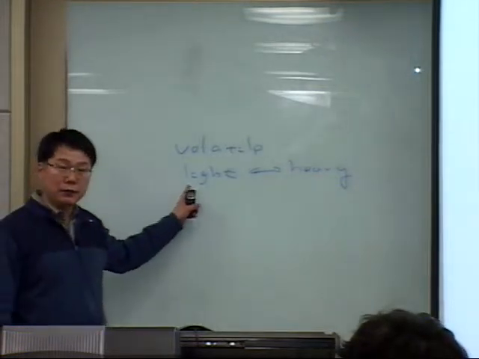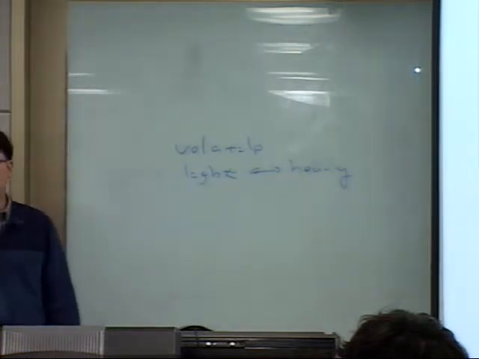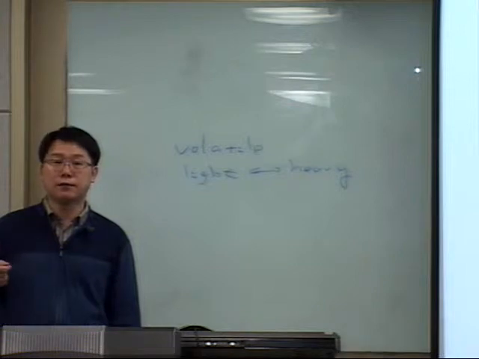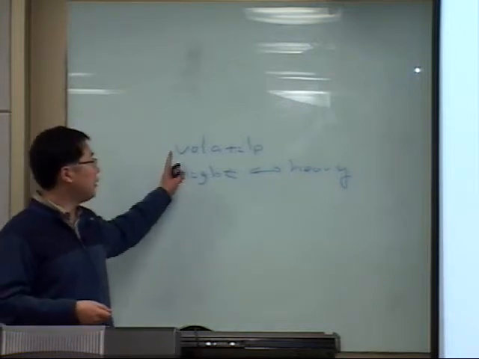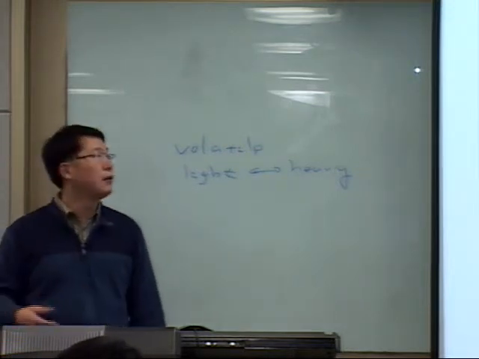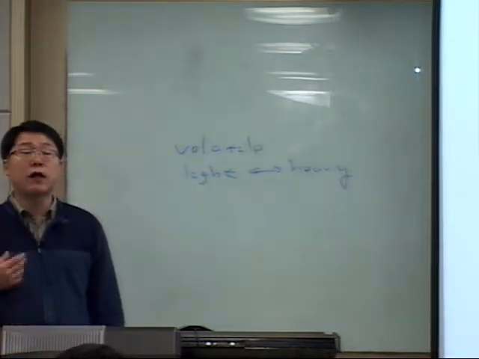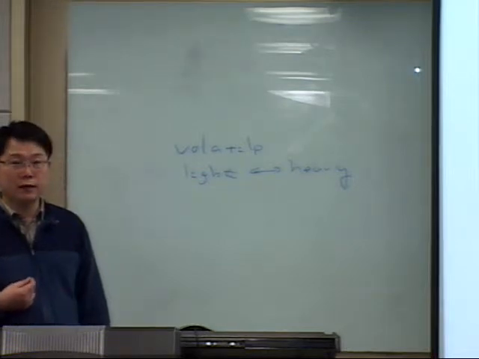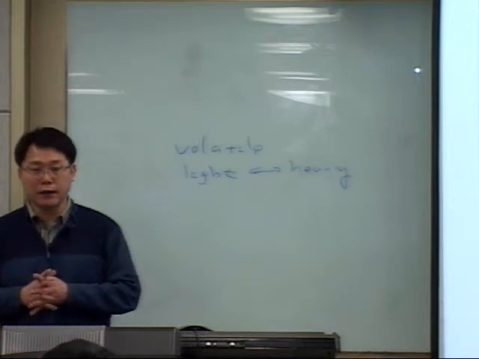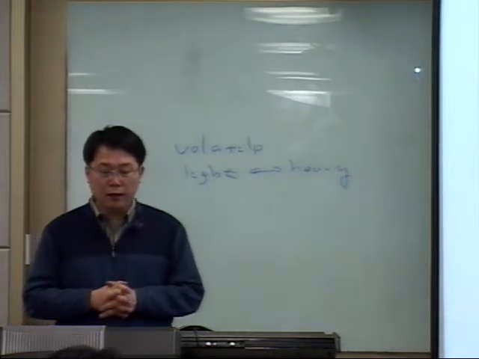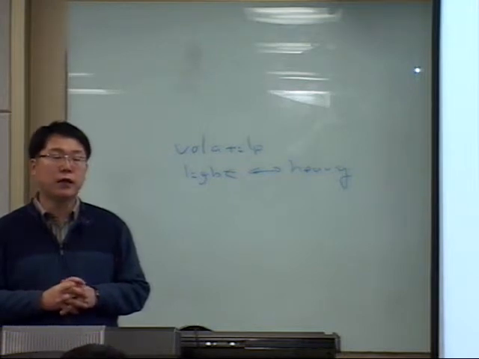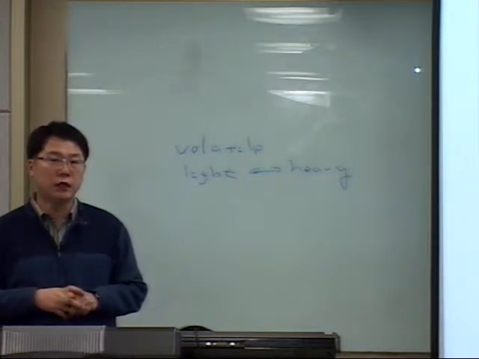So light means it is likely to go to the gas phase. So the same meaning, light is volatile. So we can say that nitrogen is more volatile than methane. So due to that kind of tendency, nitrogen takes a significant portion in BOG.